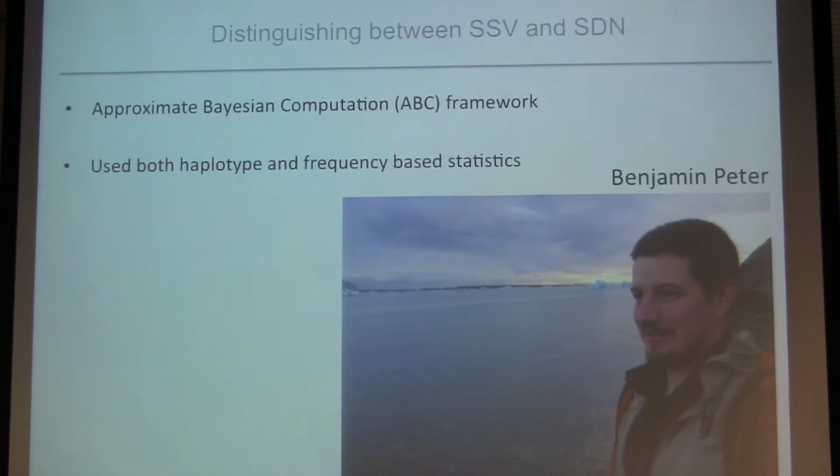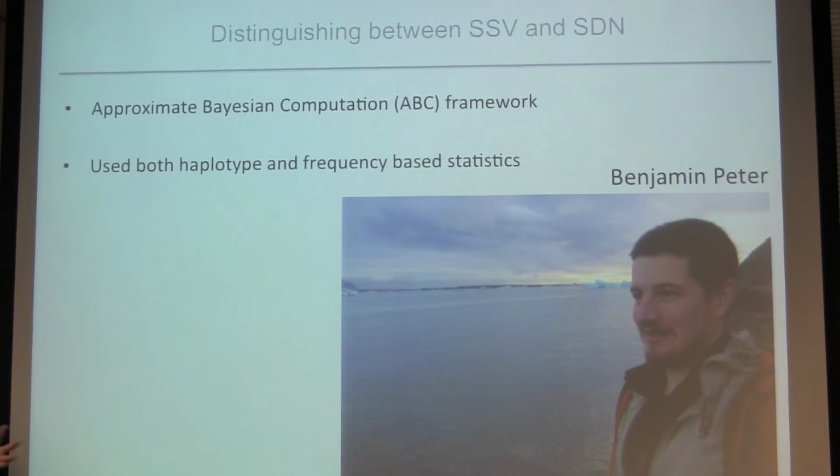And so as I mentioned, we wanted to distinguish between these two models. So Benjamin Peter, an excellent graduate student at the time, developed a method, an approximate Bayesian computation framework, and he used summaries of the data that were summarizing either something about haplotypes or something about the frequency of the genetic variation.